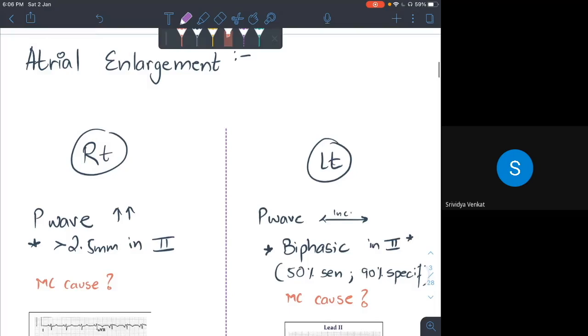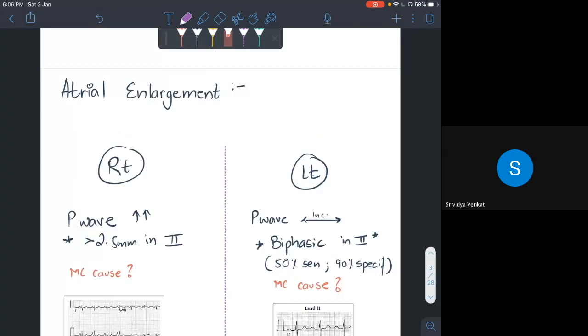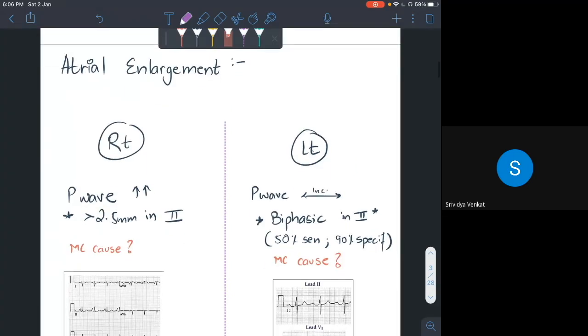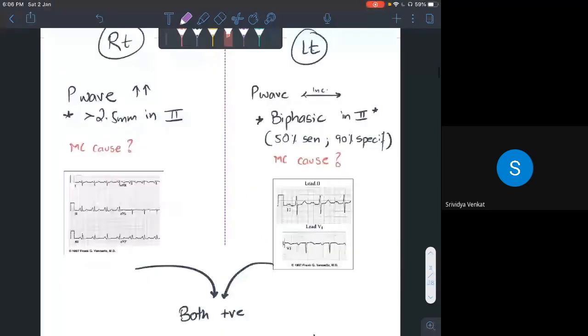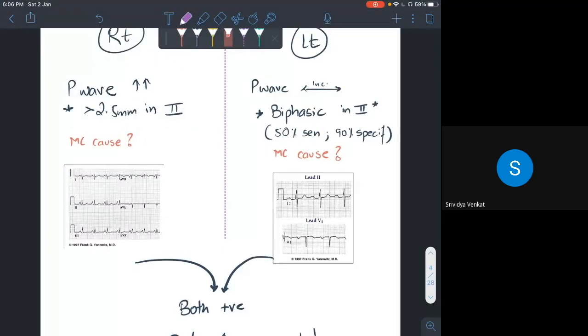First of all, we're going to start with the basic stuff. We're going to start with atrial enlargement, right side and left side. On the right side, what you're going to see is a significant increase in the P wave, which would be more than 2.5 mm. Essentially, 2.5 mm is two and a half small boxes.